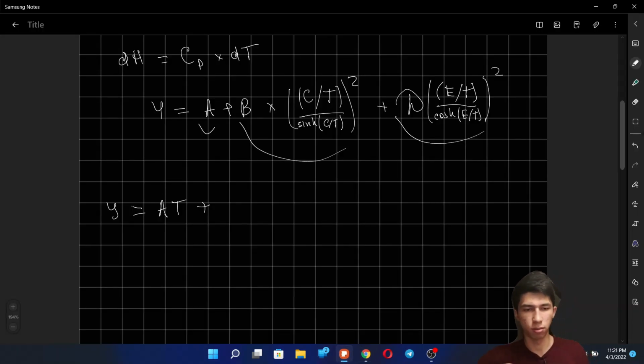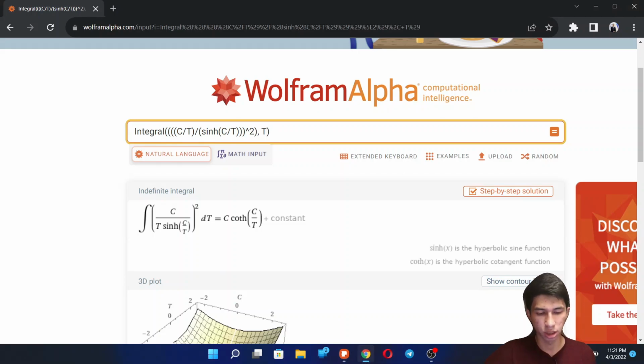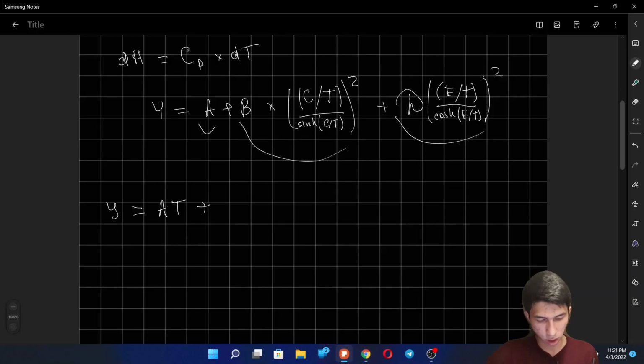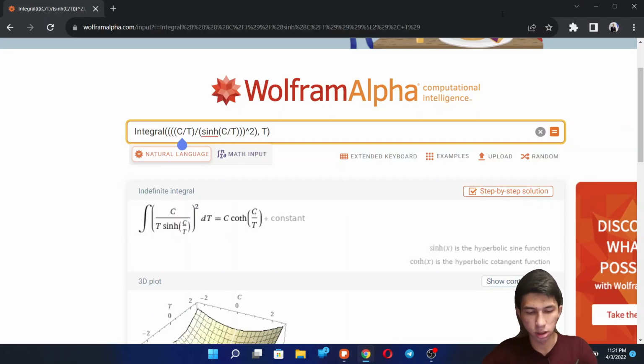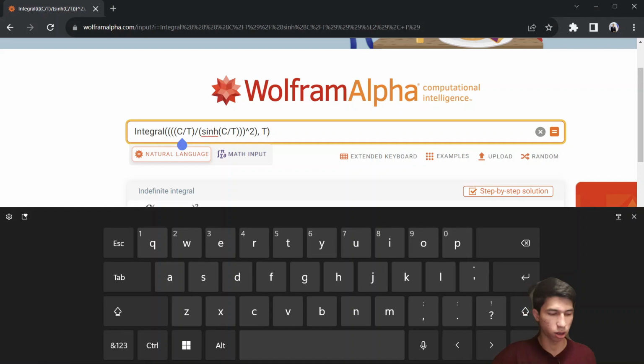of c over t. Hyperbolic cotangent we can express as 1 over hyperbolic tangent, right? So it's going to be b times c over hyperbolic tangent of c over t, right? Minus, now we have to take the integral of the last part. So I'm just going to change the part that I need.